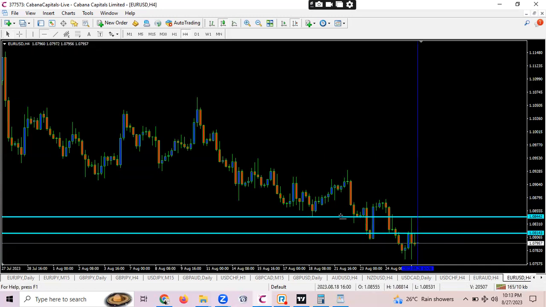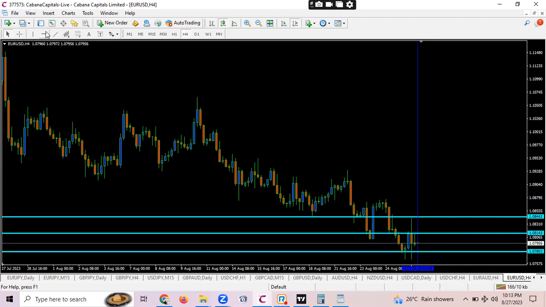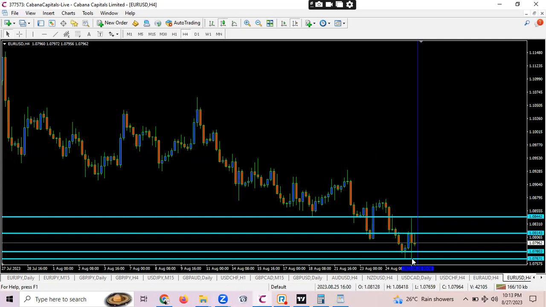And if a 4 hour candle closes below this zone, you want to consider selling EURUSD. So that is it for the week.